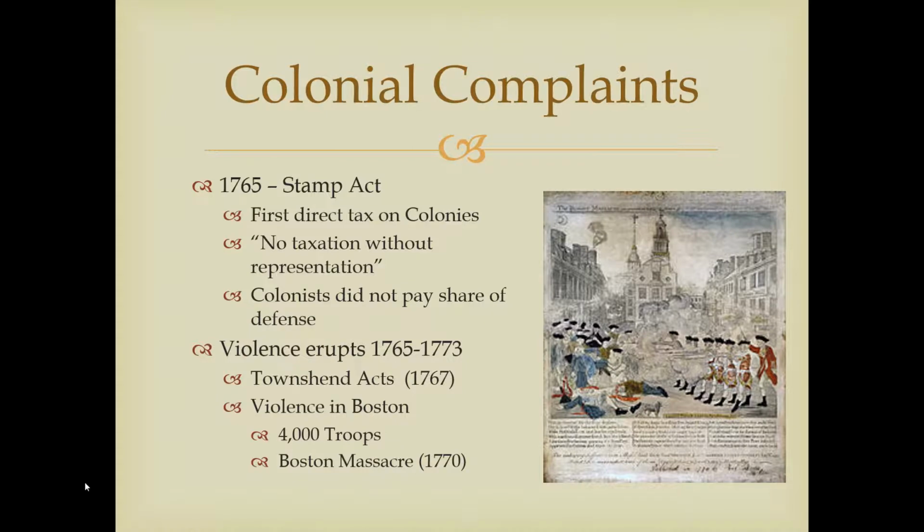You have five people killed in the streets of Boston by British forces, and pretty soon this news goes throughout newspapers throughout the world.